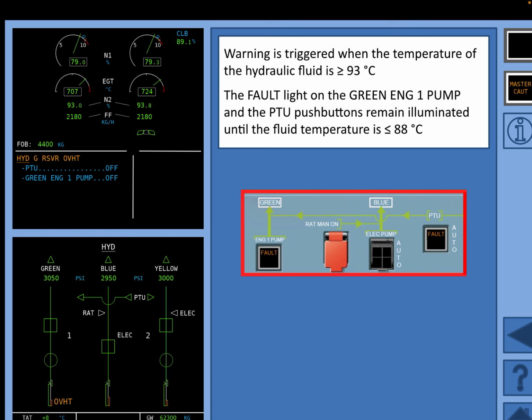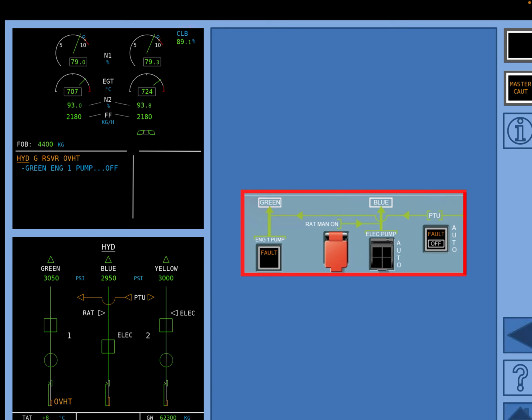Here it is. So you can see here, warning is triggered when the temperature of the hydraulic fluid is greater than or equal to 93 degrees Celsius, right? The fault light on the green engine 1 pump and the PTU push button remains illuminated until the fluid temperature is less than 88 degrees Celsius, right?